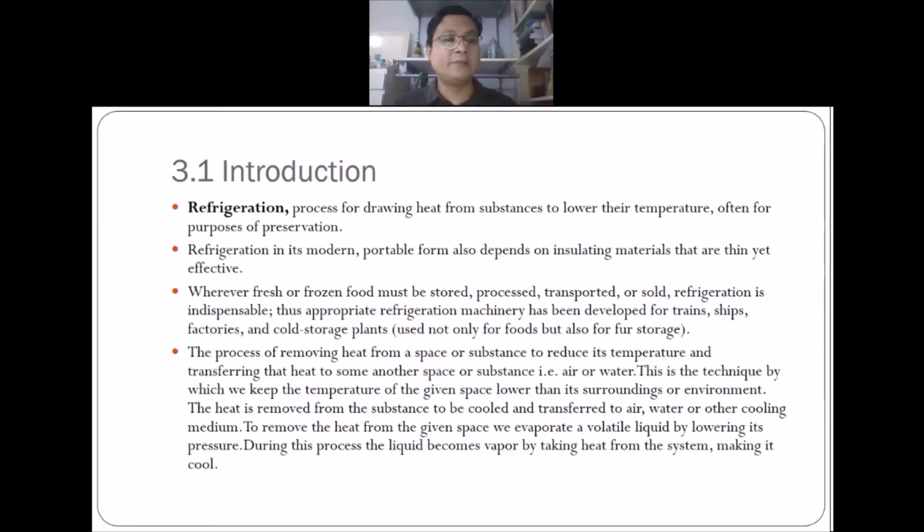The heat is removed from the substance to be cooled and transferred to air, water, or other cooling medium. To remove the heat from the given space, we evaporate a volatile liquid by lowering its pressure. During this process, the liquid becomes vapor by taking heat from the system, making it cold. Okay, so this introduction is talking about the refrigeration condition and function.